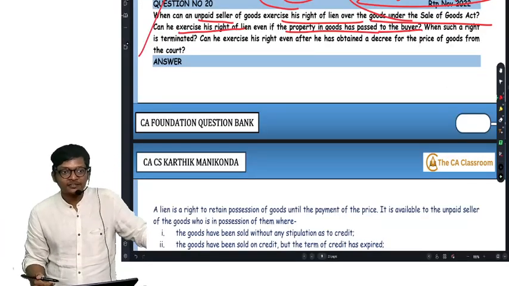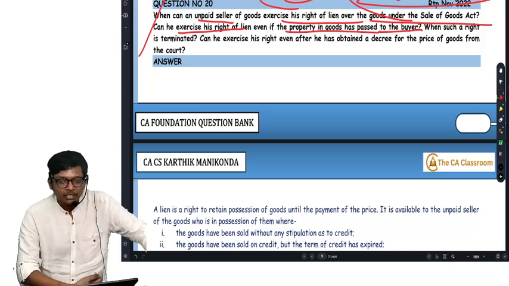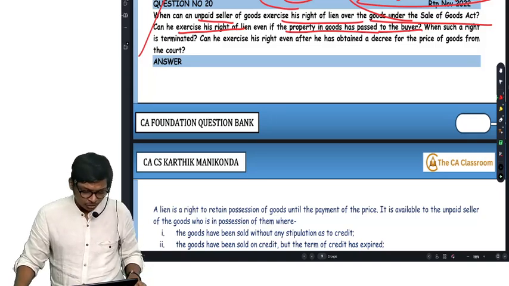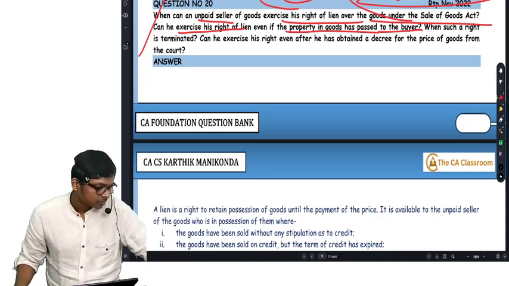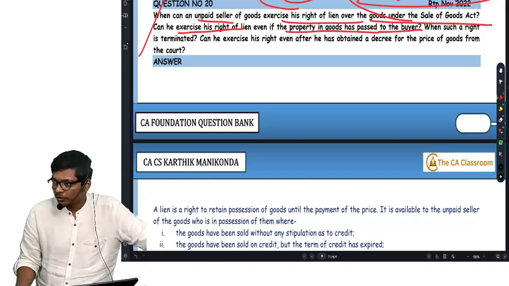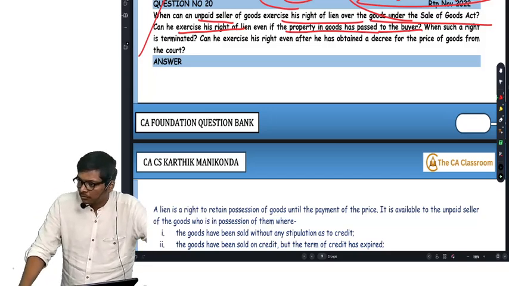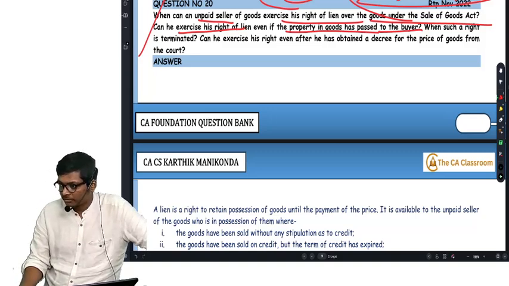Take the index in the book, guys. First page of unpaid seller, chapter 4 introduction, they would have given a chart. Let me also take that and show you. Let me quickly show it to you guys. Property means ownership, correct?